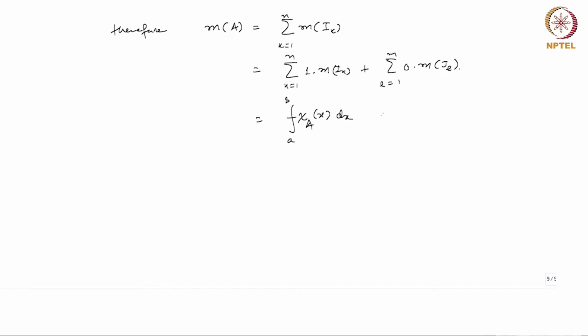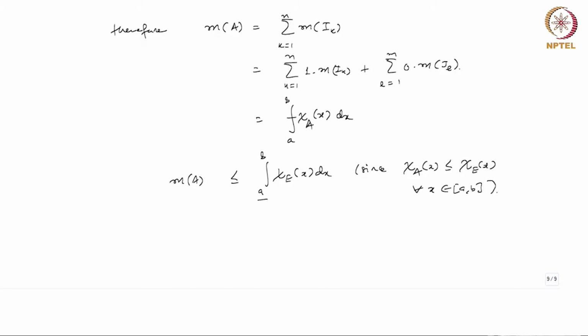So therefore M of A is less than or equal to the lower Darboux integral from A to B of chi E x dx, since we also have that chi A x is less than or equal to chi E x for all x in this interval AB.